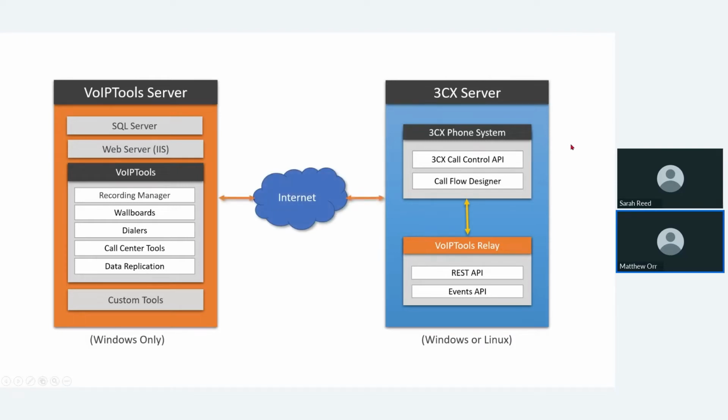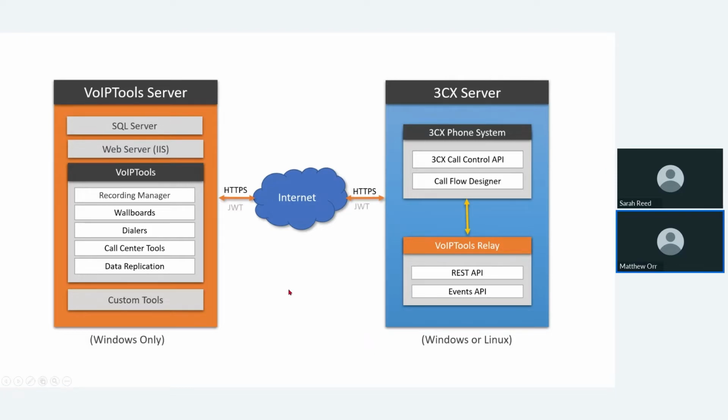We can communicate from anywhere to anywhere, provided that the servers can see each other and communicate over HTTPS. That means your 3CX server can be in the cloud, hosted on Amazon, and this VoIPTools server can be installed somewhere in the cloud or even on-prem. As long as they can see each other, they can communicate over HTTPS, an encrypted connection.